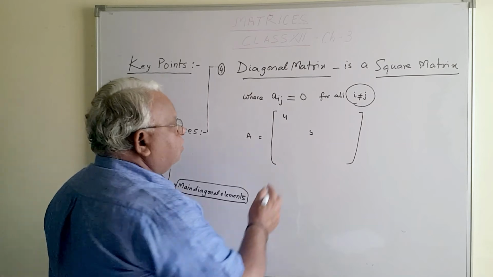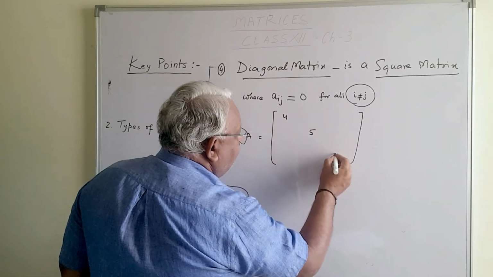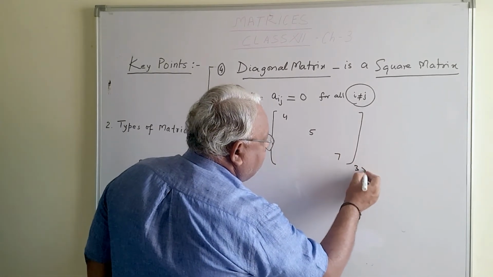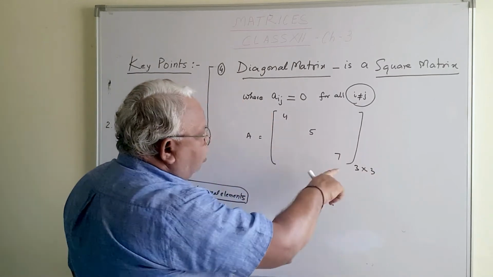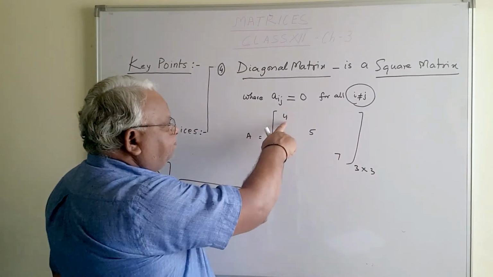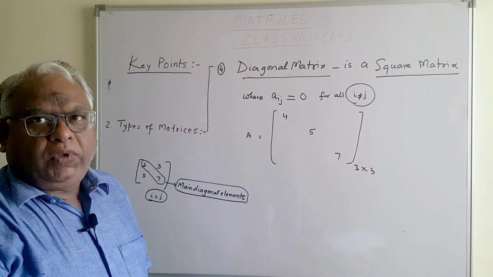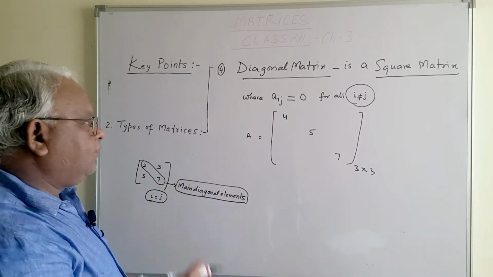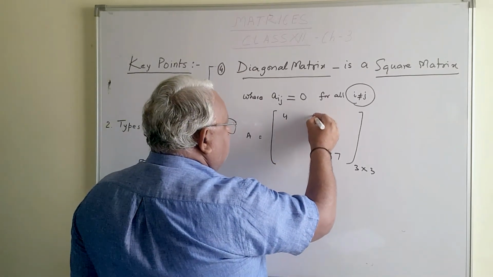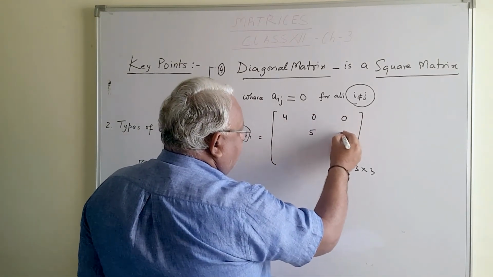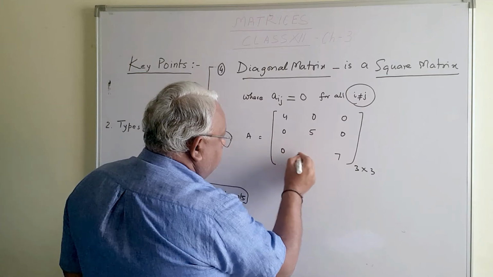So I am going to fill up all those values because I am constructing 3 cross 3. So I am talking about A11, A22, A33. First fix this and then you fill the rest with 0. This is the meaning of the definition.